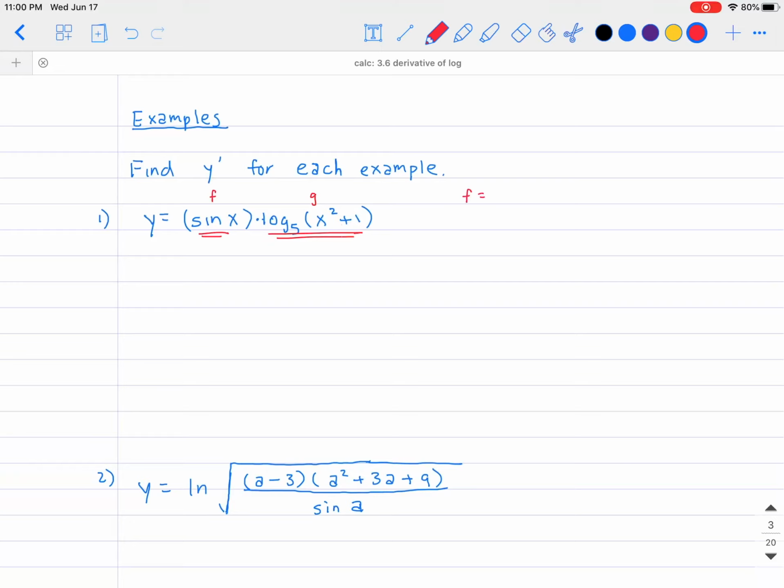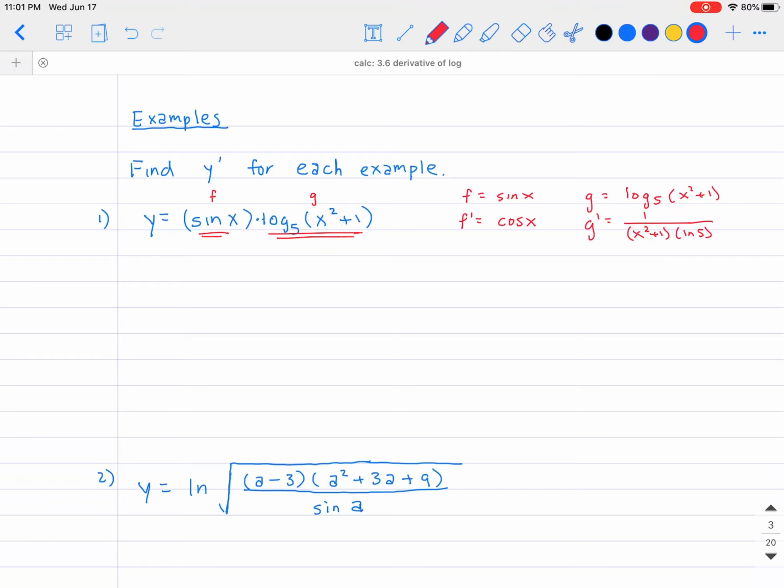So here is f, which is sine of x. So f prime will be cosine of x. And g is the log base 5 of (x squared plus 1). Then g prime, according to what we just derived, is 1 over (x squared plus 1) multiplied by ln of 5, because we're using the derivative of log base a.